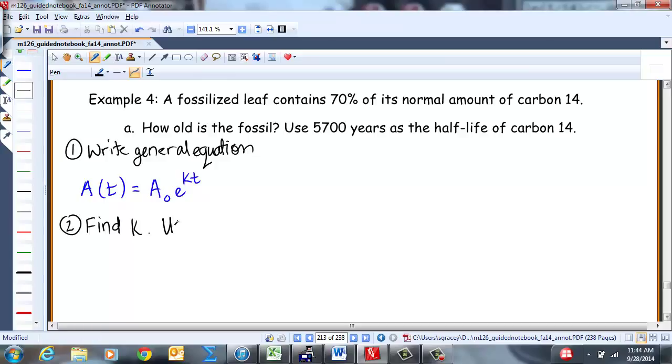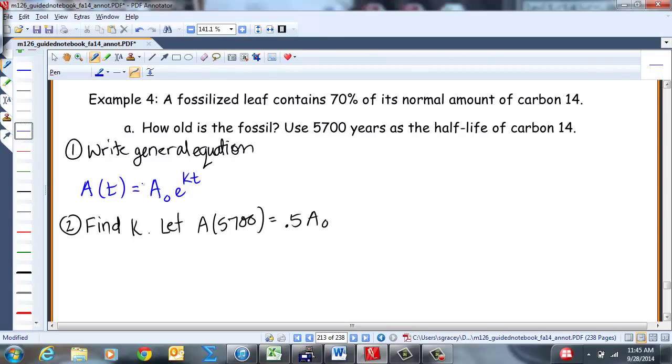We're going to let A at 5,700, the half-life, be half of the initial amount.